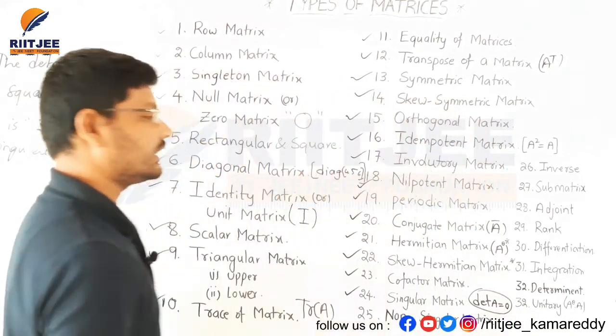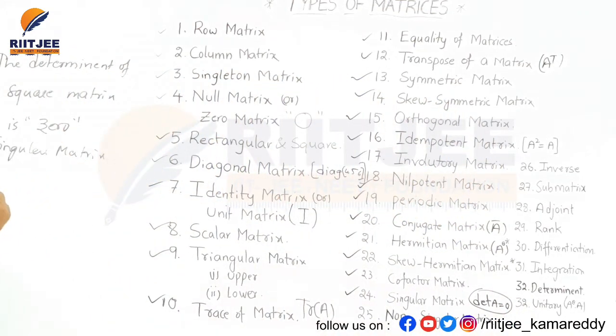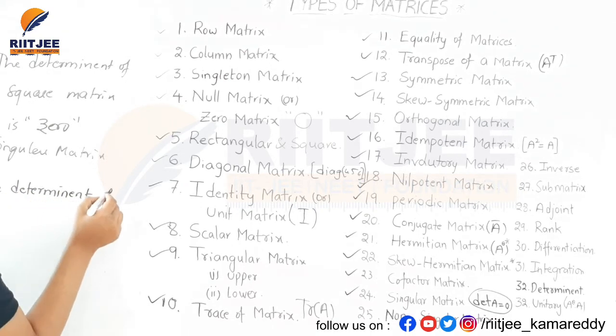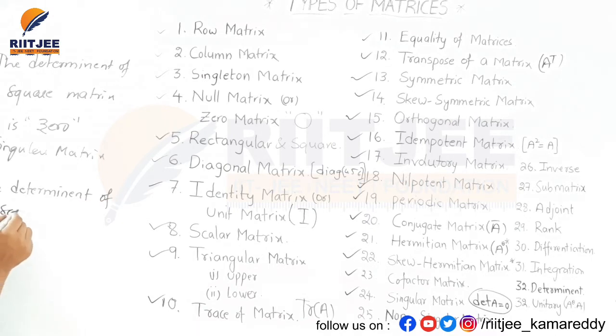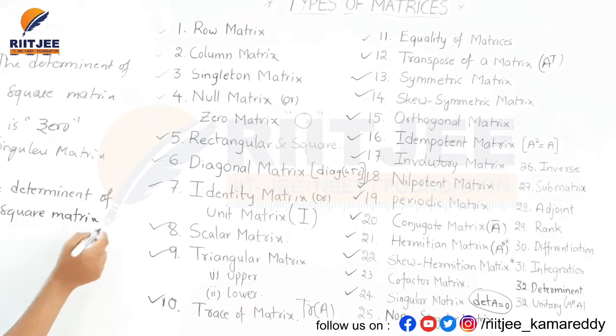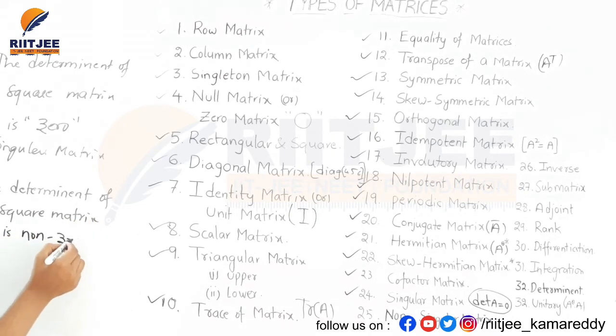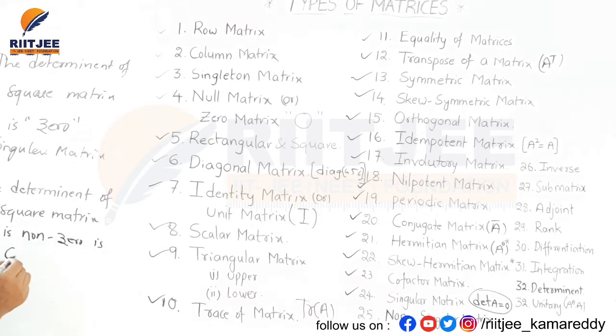And non-singular matrix: if the determinant of a square matrix is non-zero, it is called a non-singular matrix.